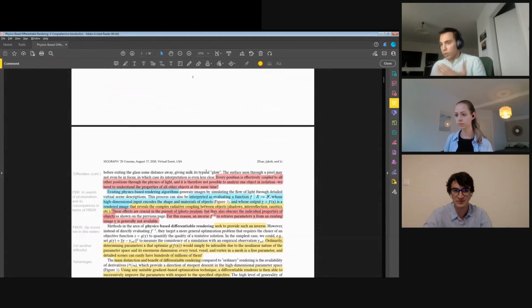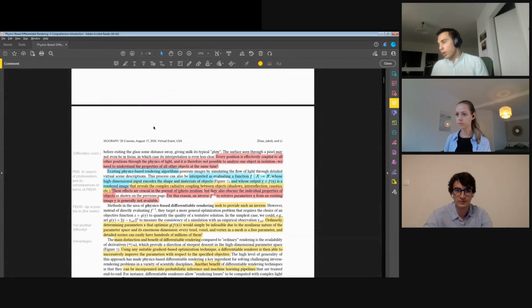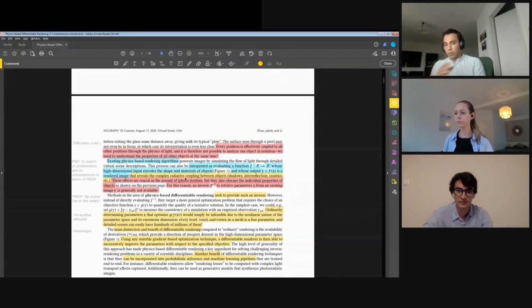Then they continue to discuss how renderers try to achieve physics-based photorealism, and that actually leads to difficulties in physics-based differentiable rendering, because visual effects such as shadows, interreflection, and caustics reveal this complex radiative coupling between objects. These effects are crucial for the photorealism that we want from a renderer, but they stop us from finding a direct inverse of that function.